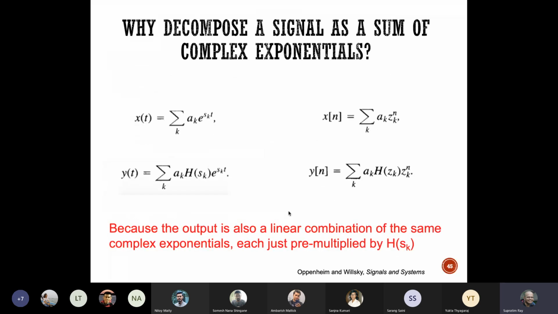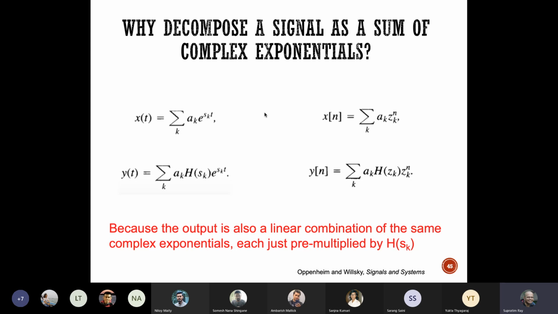Now here's the thing. I know that if I give a complex exponential in the continuous domain, I'm going to get a complex exponential out. Now in the real world, signals are in general not complex exponentials.